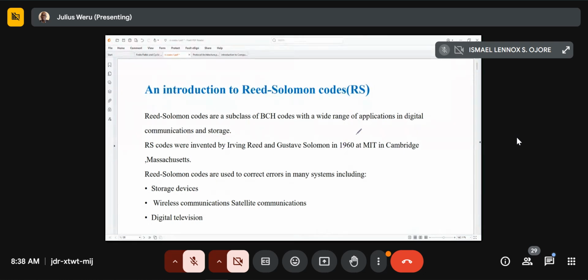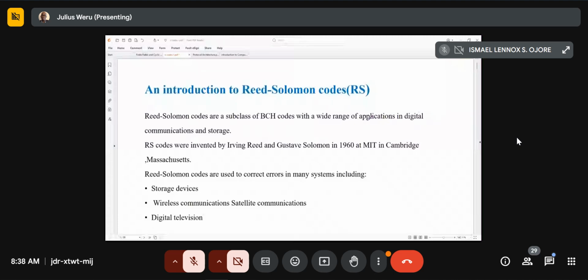Actually, these codes can be used for storage. And why particularly storage is because they are very good not just for checking for bit inversion.